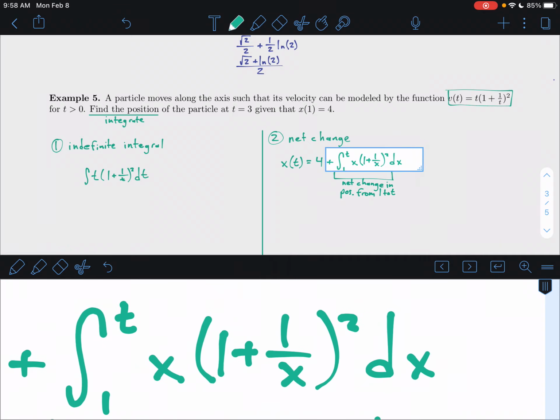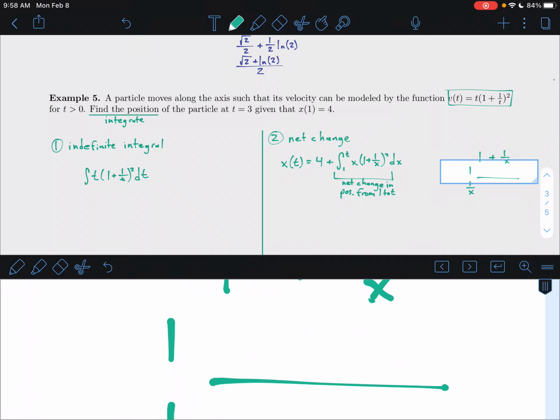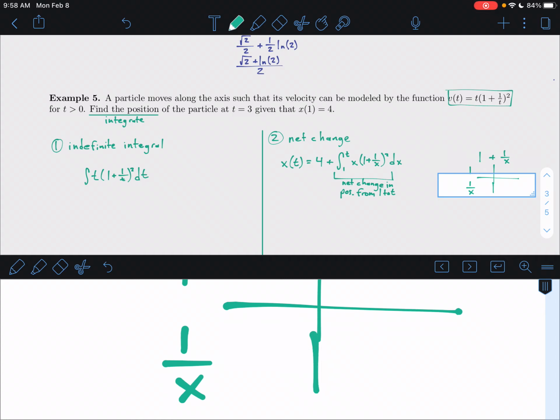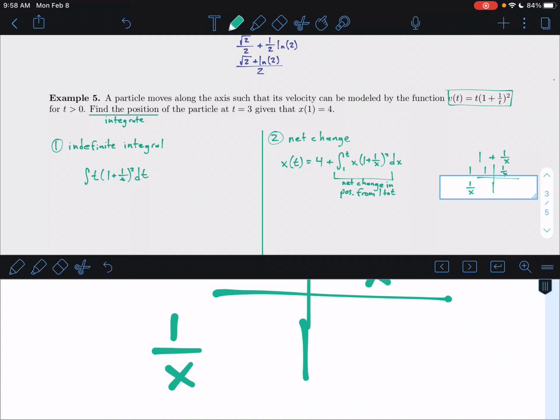So what I'm going to do with this x times 1 plus 1 over x squared is multiply this out. That's going to be my best thing to do here. And I've seen a lot of you guys doing the box method on your assignments, so I may as well do it as well. So 1 times 1 is 1. 1 times 1 over x is 1 over x. 1 times 1 over x is 1 over x, and 1 over x times 1 over x is 1 over x squared.